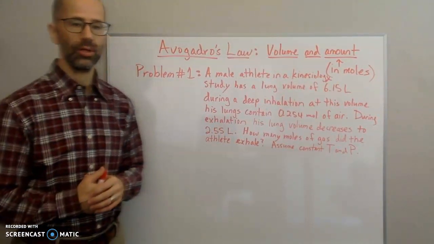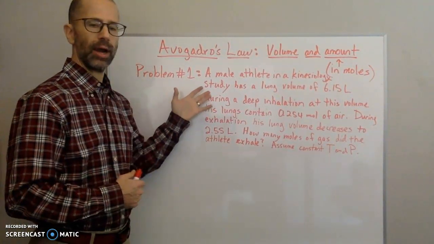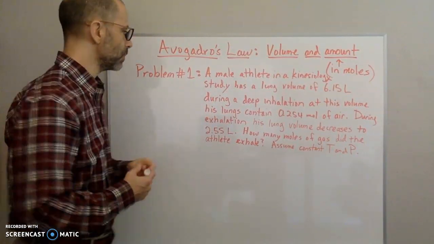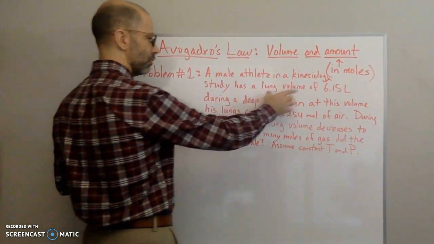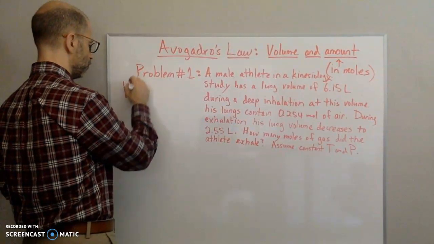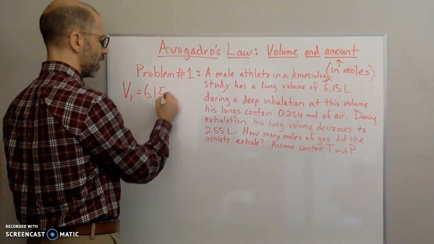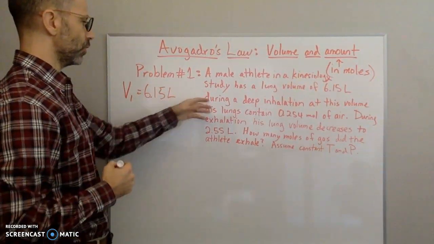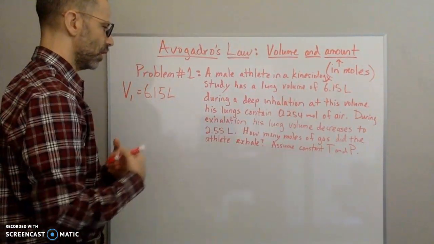Okay, so where do we begin? We're going to begin by writing down all the information that is given to us. So we're told in the beginning that his lung volume is 6.15. So that's going to be V1. V1 is equal to 6.15 liters, during his deep inhalation. And then we're given the mole amount of that gas.